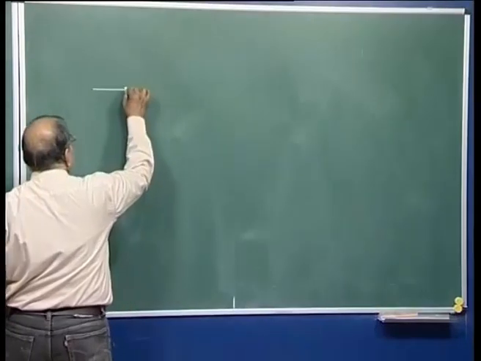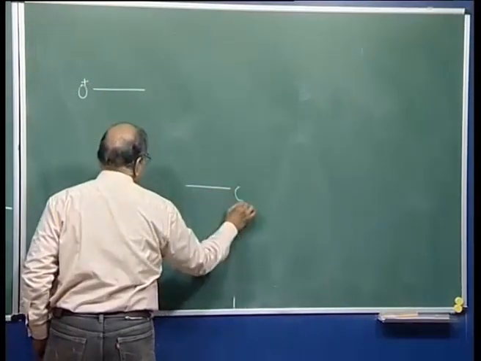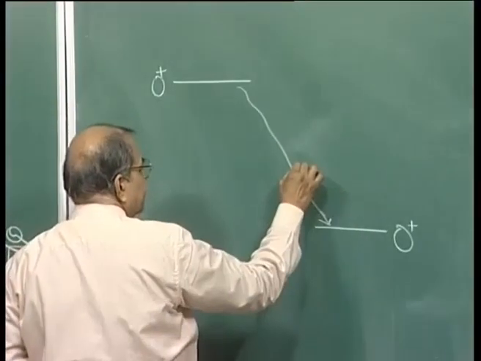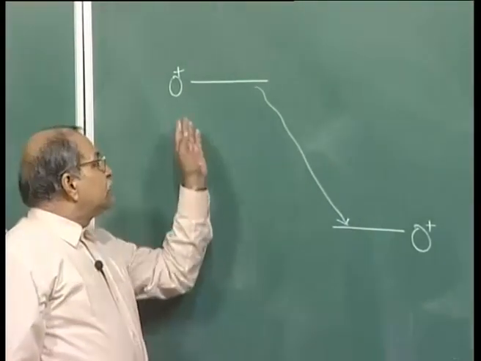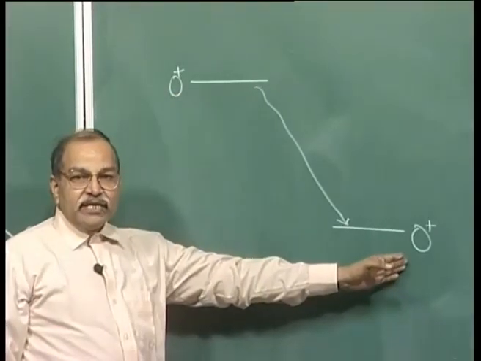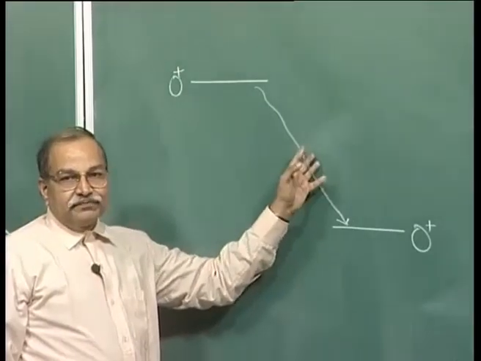So, this is the parent, let us say 0 plus, and this is the daughter, which is again 0 plus. So, if an alpha particle is emitted, the angular momentum has to be conserved. The parent has 0 and the daughter also has 0, then the alpha particle must have L equal to 0.